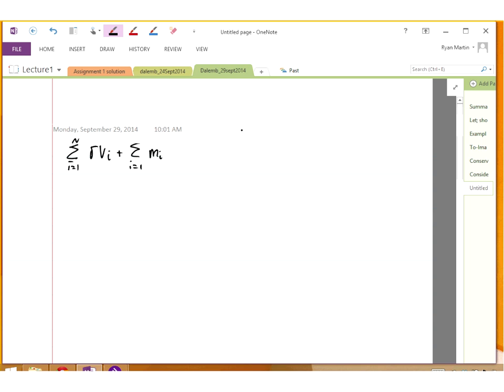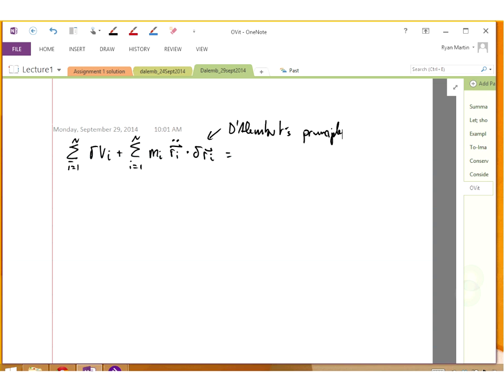Okay, that is D'Alembert's principle. All right, so that's going to be our starting point, where I've already replaced the force, F dot δr_i, with the δV_i.